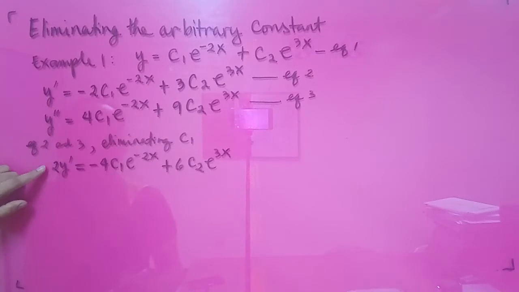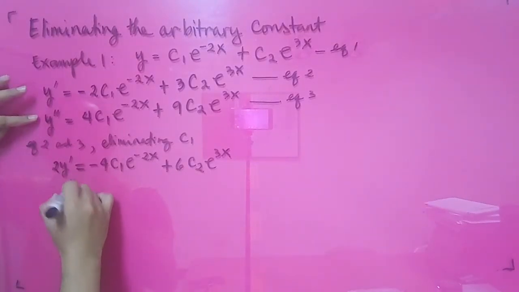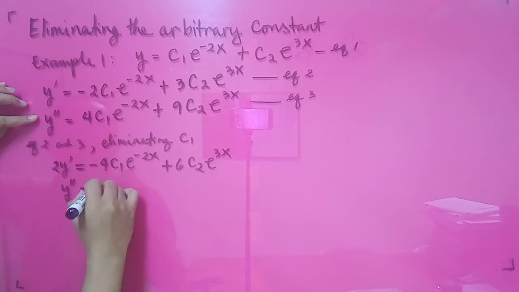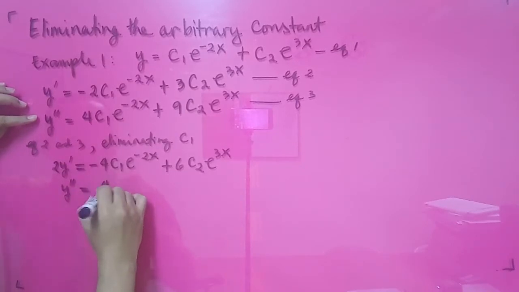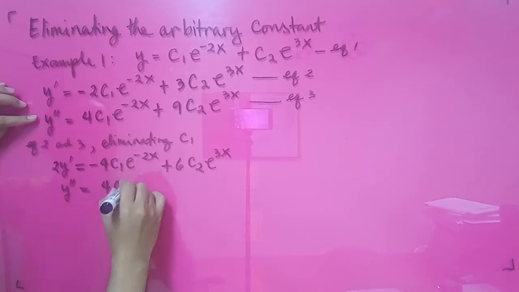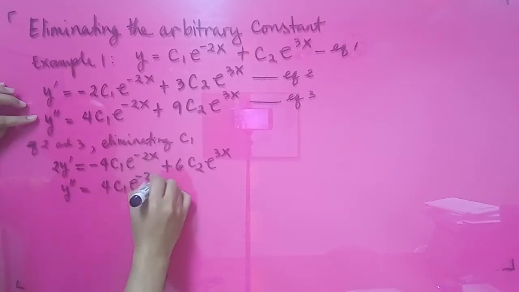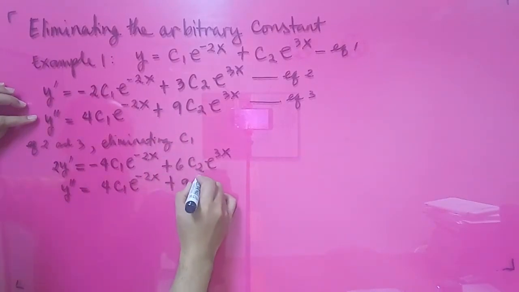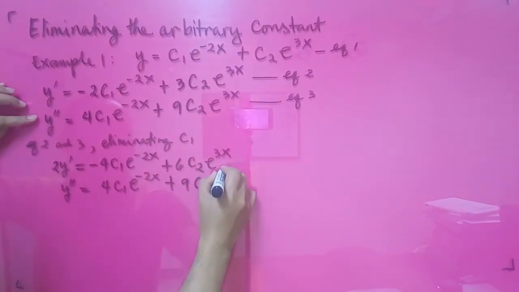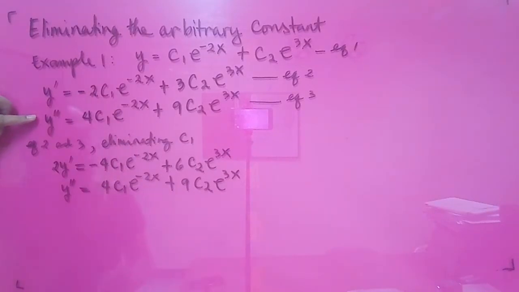Okay, and then we will copy this one, y double prime, which is equivalent to 4 c sub 1 e to the negative 2x plus 9 c sub 2 e to the 3x.